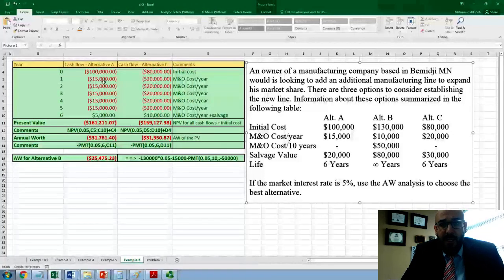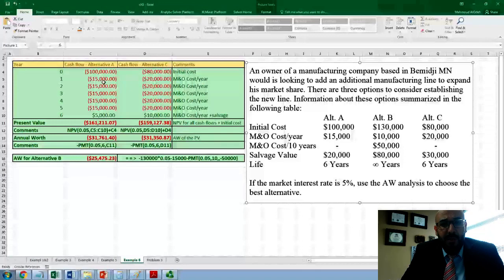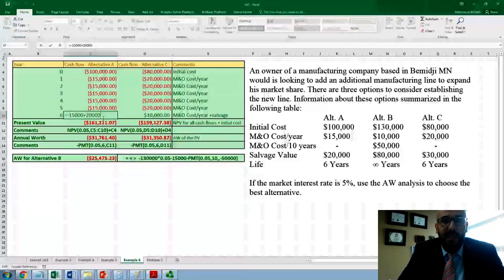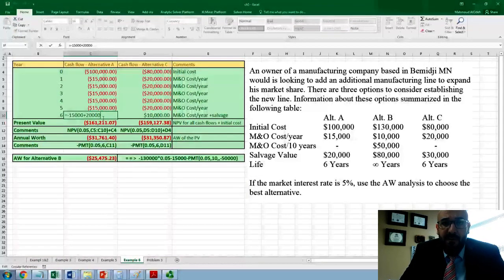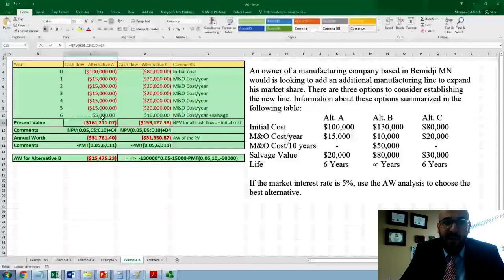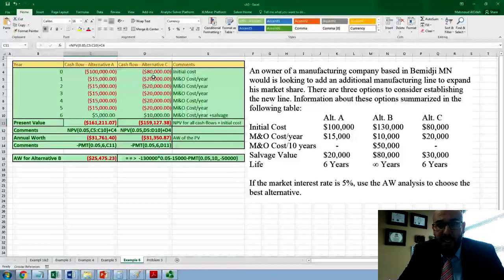The maintenance and operational cost is 15,000 from year 1 all the way to year 6. However, on year 6 we will be collecting the salvage value of $20,000, so the net cash for year 6 would be $5,000.